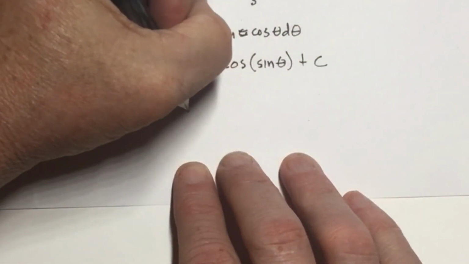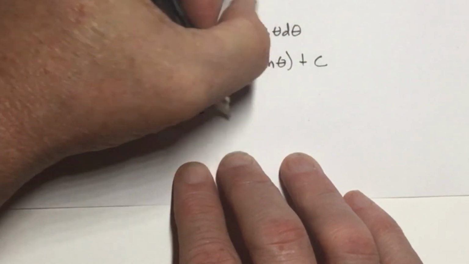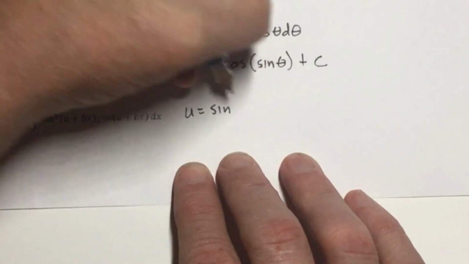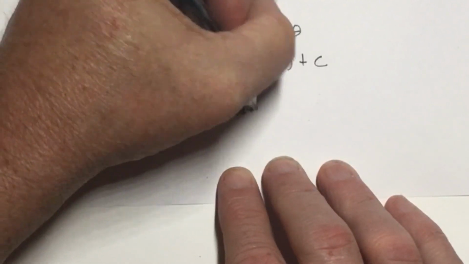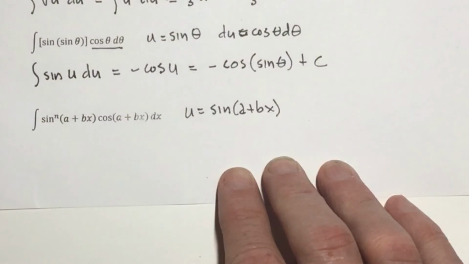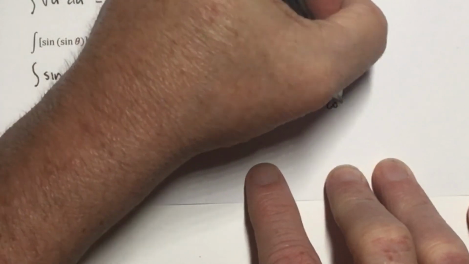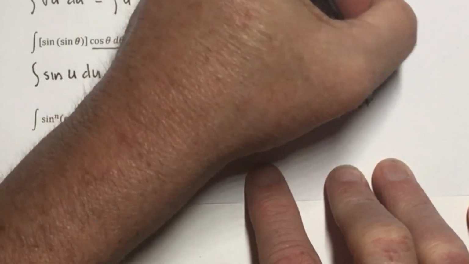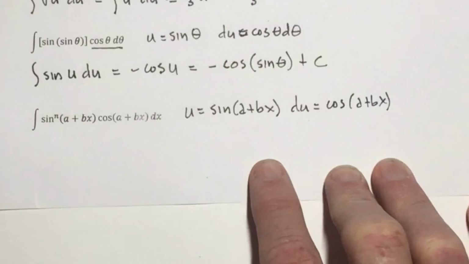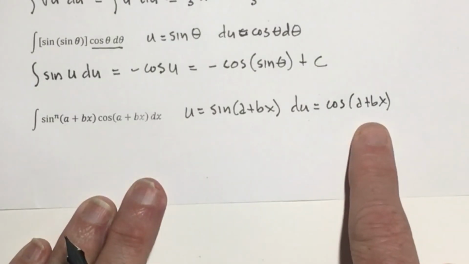So we're going to make our u equal to the sine of a plus bx, which means the derivative of u will be cosine a plus bx. Now remember, we have to use the chain rule.